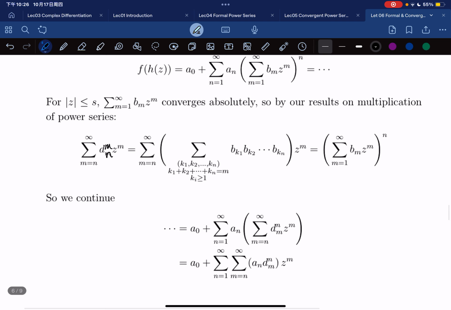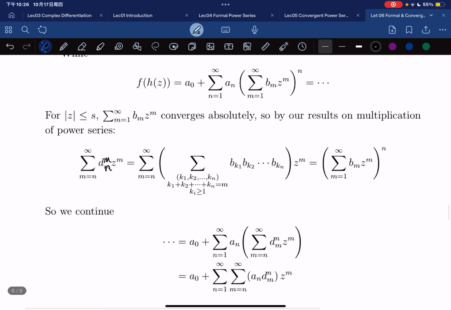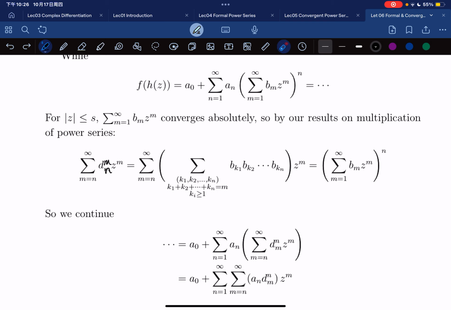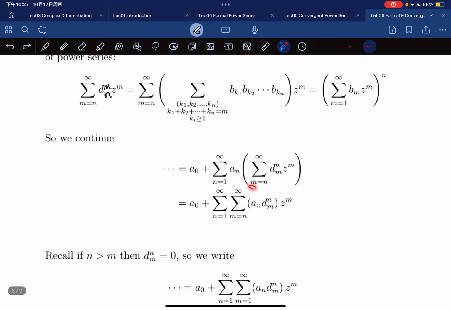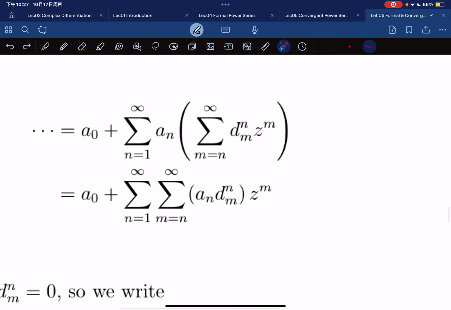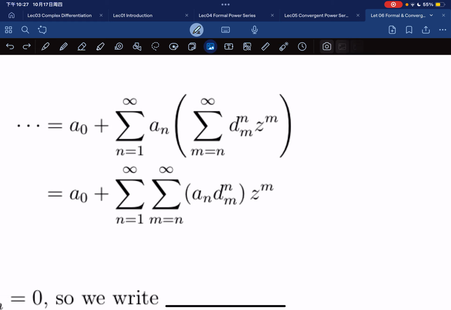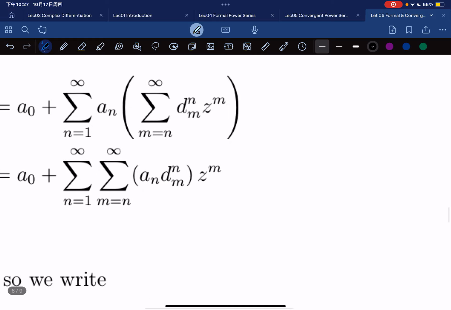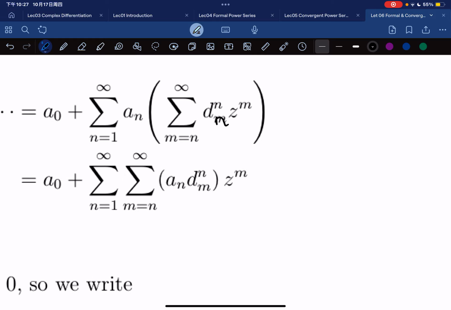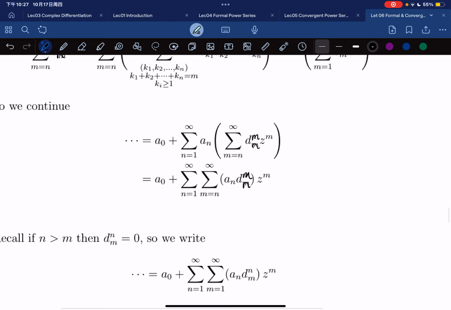There are too many dummy variables. So we just substitute this thing as this, which is dnm z^m, and because the dummy variable is m, the dummy variable is this again, dnm. All of this should be dnm.